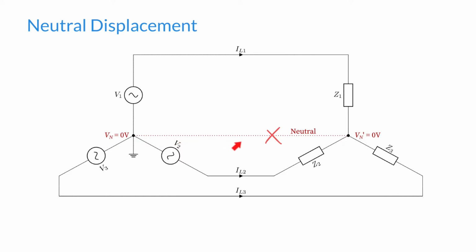They're going to share the same potential. I've noted these as Vn, the neutral voltage, the voltage at that neutral point of the star point. And on the load side I've noted that as Vn dash, which is also in this case 0 volts.